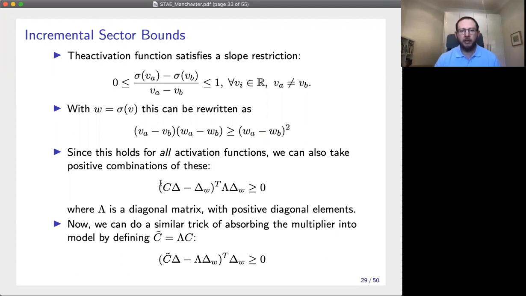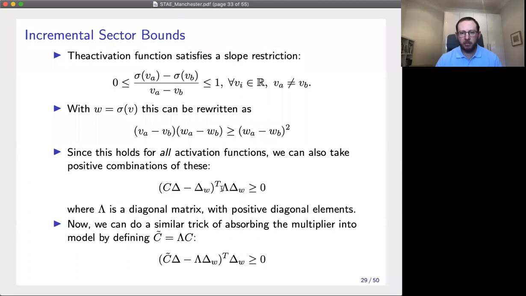And we can actually rewrite this as a vector inequality where the delta and the delta w's are vectors, and this lambda here represents those non-negative scalings of the individual inequalities. So lambda here is a diagonal matrix which has positive diagonal elements. Okay, so here we've got the final trick that we need. Previously, we combined the model with the multiplier by using an implicit model structure.